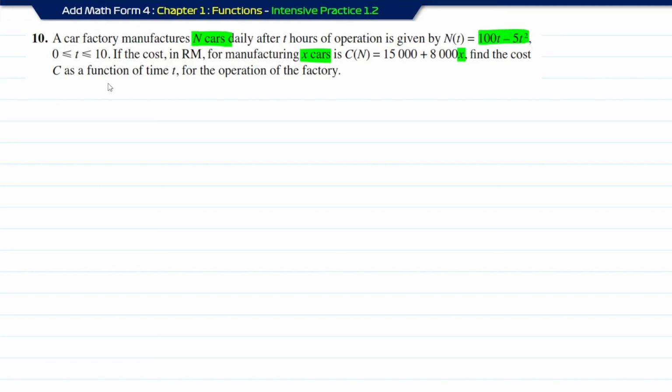So if I want to find the cost as a function of time, it means I'm going to substitute the x here with 100t minus 5t squared. Therefore, you're going to insert the function n into the function C. So you're going to find the composite function C(n) as a function of time.